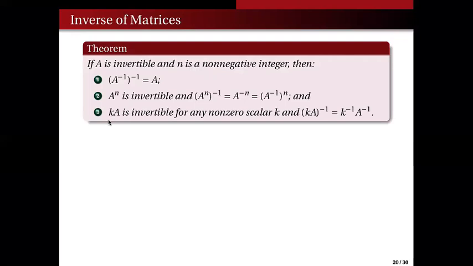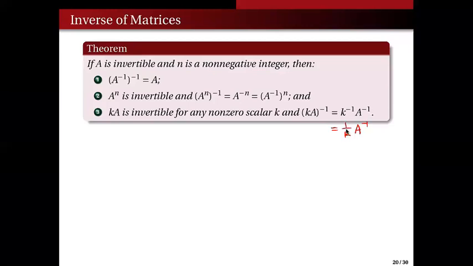Now, if you get a non-zero scalar k, you multiply it to A, then the product kA is also invertible. When you get the inverse of kA, you have here k raised to negative 1 times A inverse. Take note that in this case, since k is just a number, this is also the same as 1 over k times A inverse.